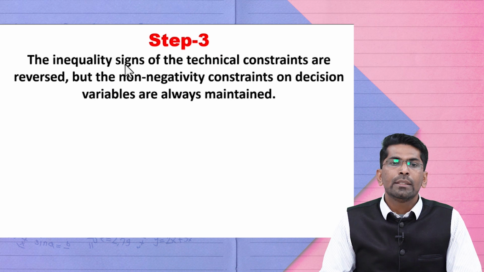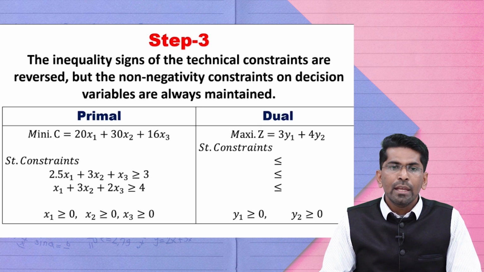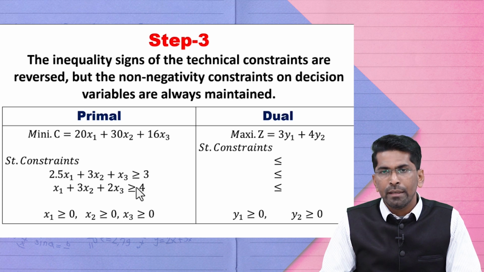Then the third step: the inequality signs of the technical constraints are reversed, but at the same time we maintain the non-negativity constraint on the decision variables. In the primal problem, both constraints were greater than or equal to.